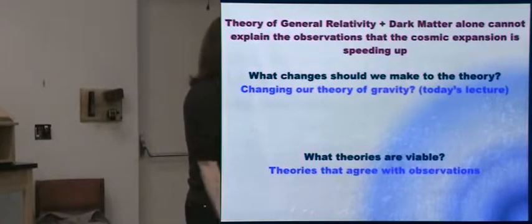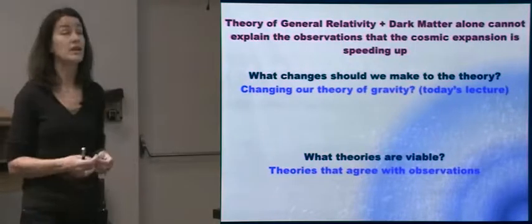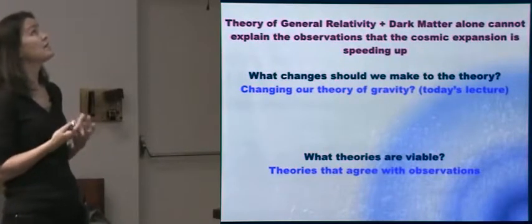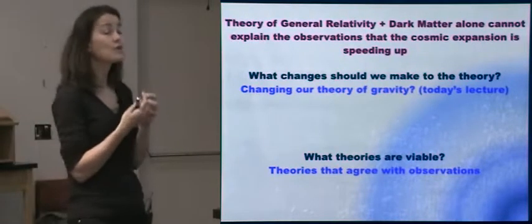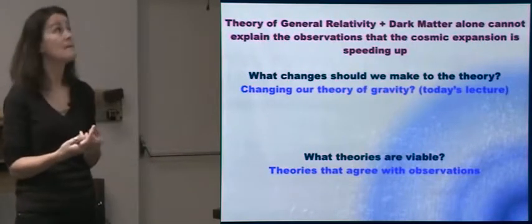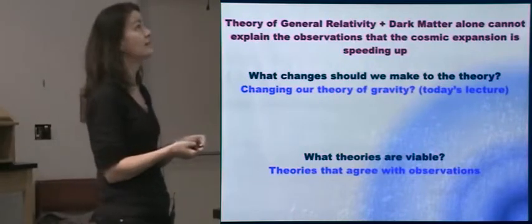So this is why people look in other directions and say, well, maybe I can explain dark energy in other ways. So if we look at the facts, we know that general relativity and dark matter, if that's all there is in our universe, the theory of general relativity explains our laws of gravity. And dark matter and visible matter, we take into account those and their effects on the expansion.